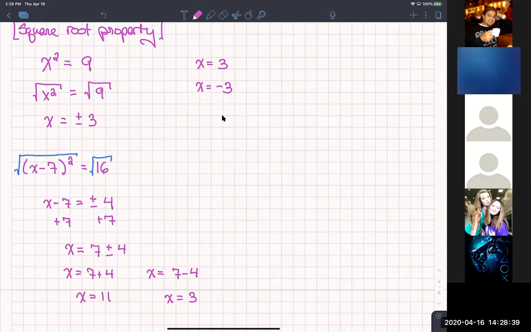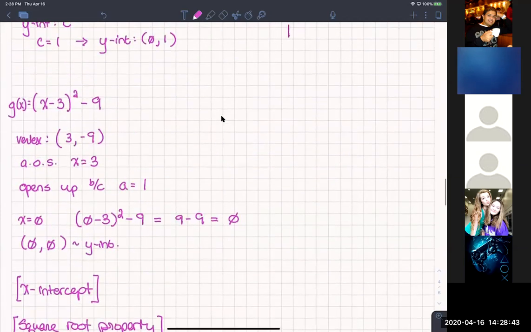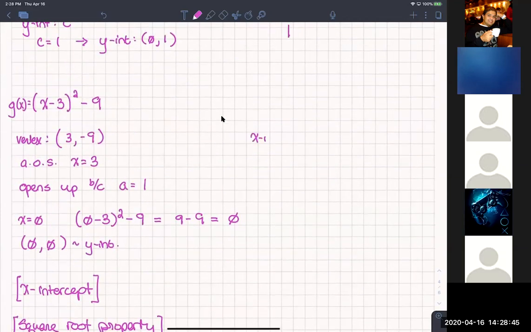So let's go back to my original equation to find the x-intercept. To find the x-intercept, we set it equal to 0. So x minus 3 squared minus 9 equals 0. Now we solve, and we want to get the square part by itself.